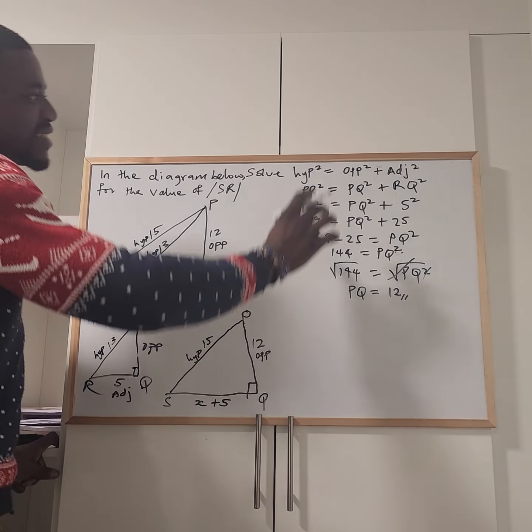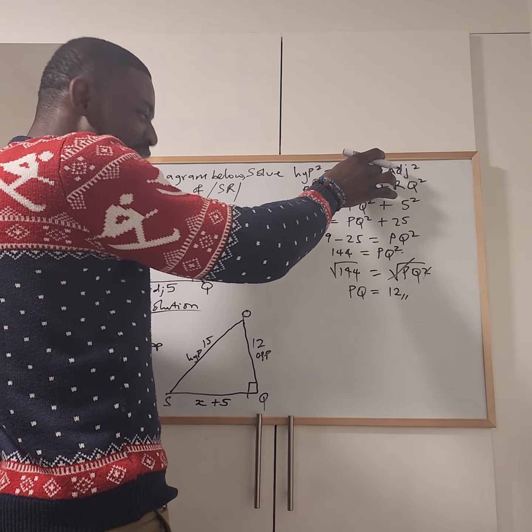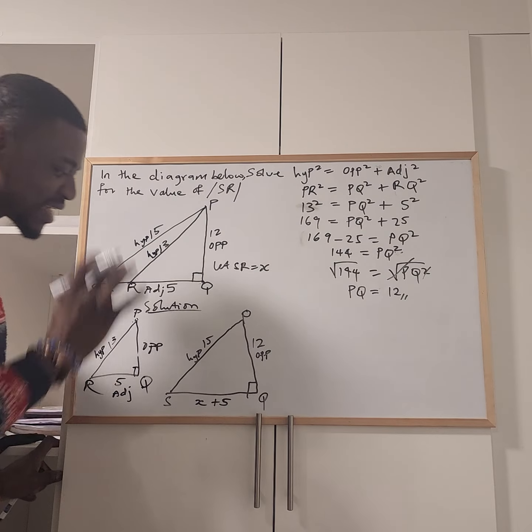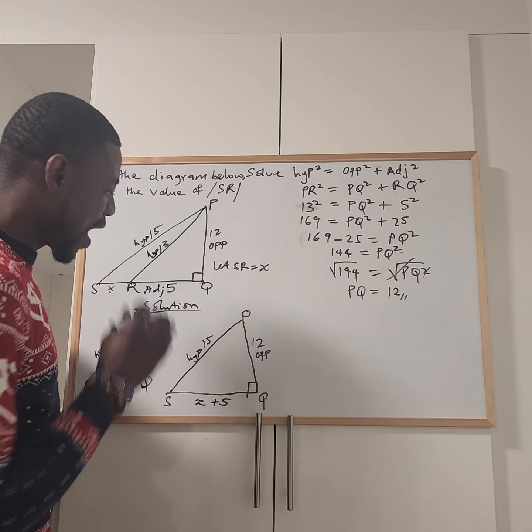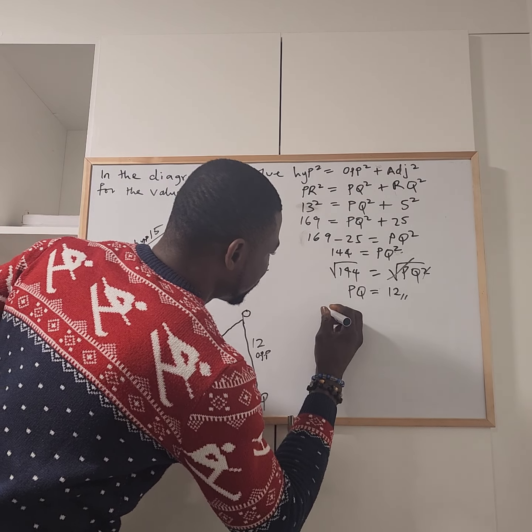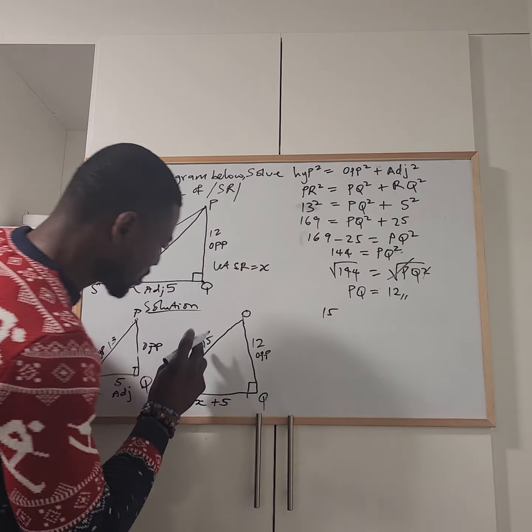We are still going to implement the theorem of Pythagoras in order to solve this problem. We have the three sides given now. So according to the theorem, 15 is the hypotenuse, so hypotenuse squared equals opposite squared, which is 12, plus adjacent squared, which is x plus 5.